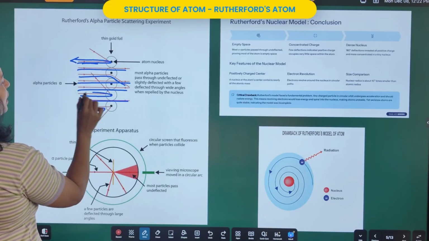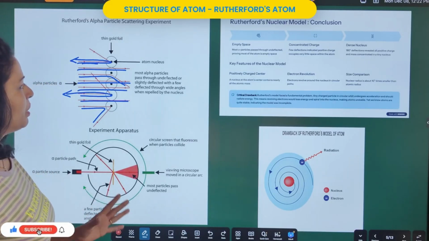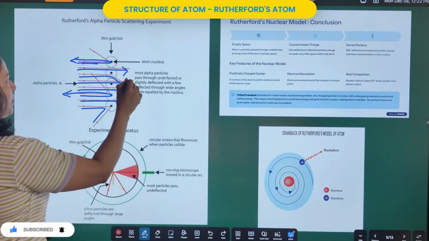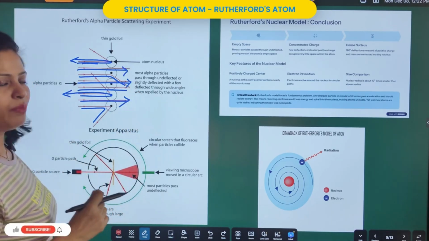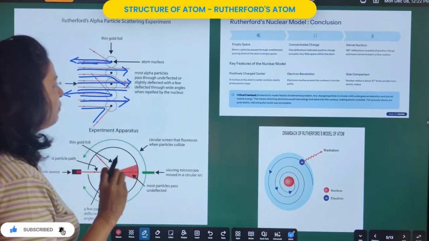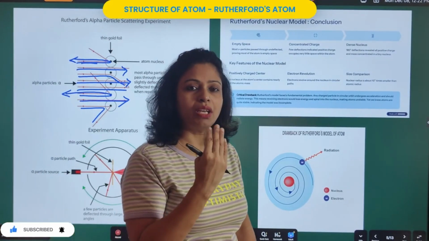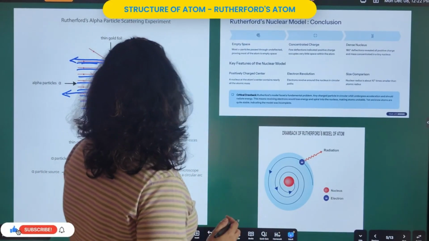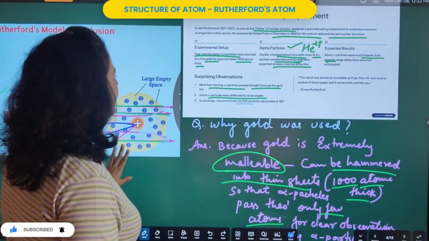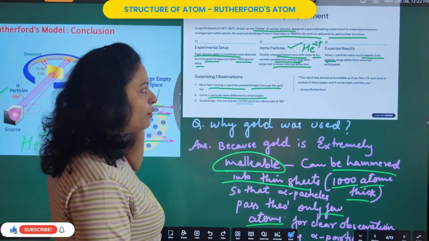Very few came back 180 degrees. So most alpha particles pass through undeflected, some were slightly deflected, and very few were deflected by 180 degrees, like they went straight back. So that was his observation when he conducted this experiment. These were the 3 observations he found.